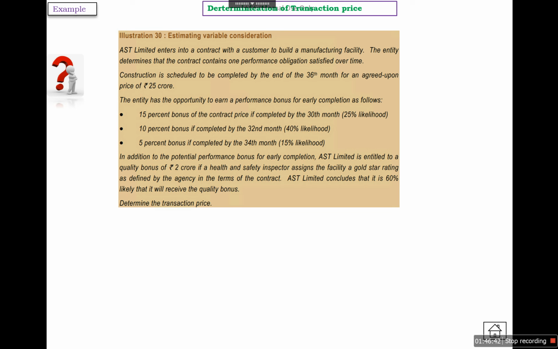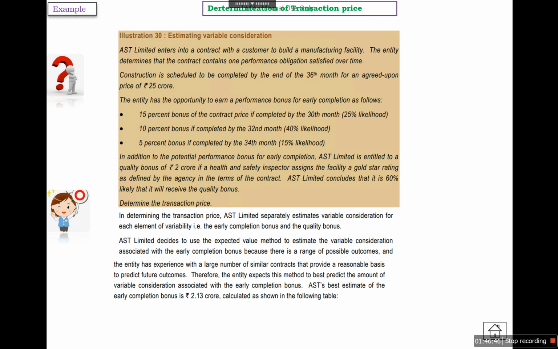So in this case, we need to use the probability-based approach. We need to estimate the transaction price based on the variable consideration.